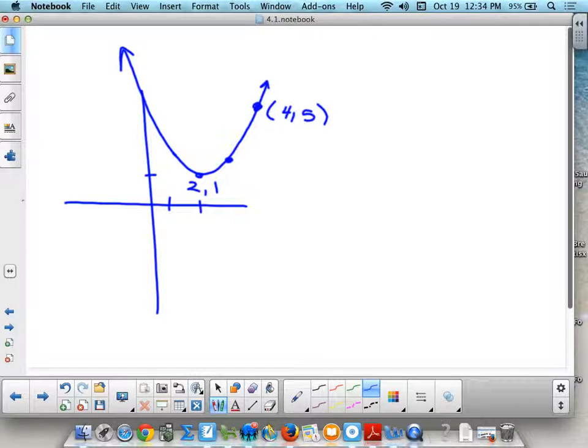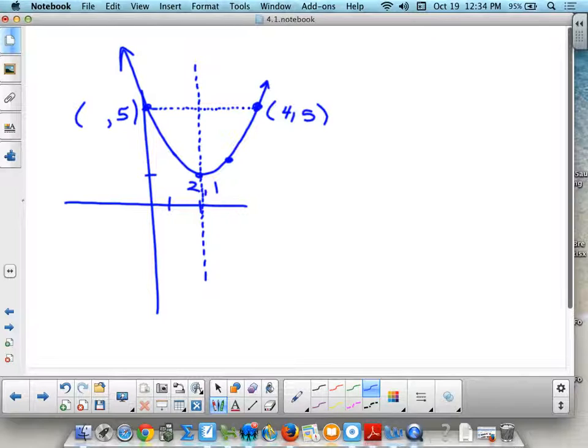I gave you a point and a point on your parabola. There's something called the axis of symmetry. It's a line that cuts this thing in half. If I gave you 4, 5, there should be another point directly where? On the left over here. What's that point? 0, 5.